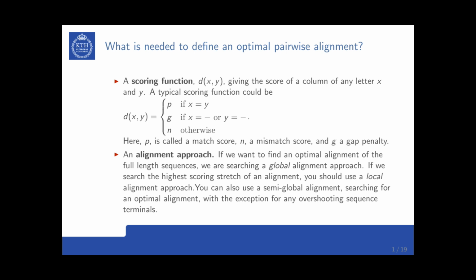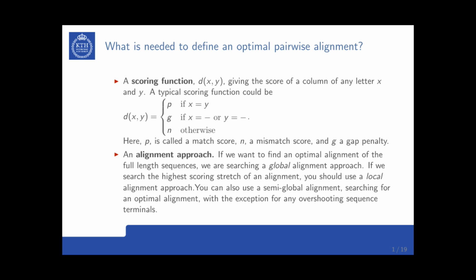Or there's a crossbreed between the two, a semi-global alignment, where you try to align the core of these sequences as best as possible. But if either of the two sequences is spilling over, you are not counting the extra termini of a sequence. So all these three are valuable options.